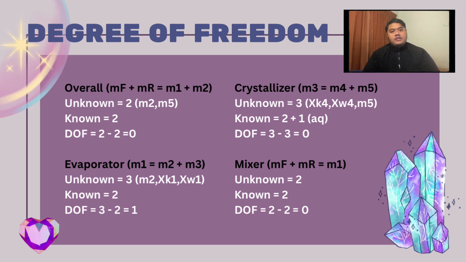So, lastly, this calculation shows that for the overall system, the crystallizer and the mixer, the number of the equation match to the number of the unknowns, resulting in a fully determined system with a degree of freedom of 0. However, the evaporator has 1 degree of freedom, meaning that the one electrolyte specification is needed to fully determine the system.